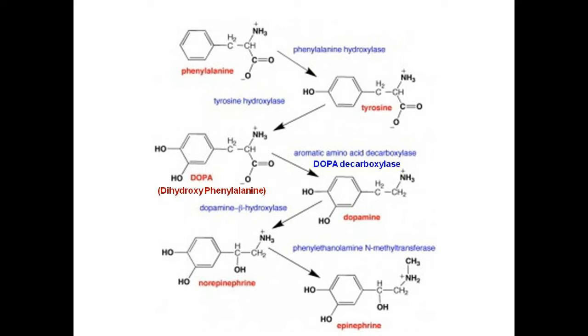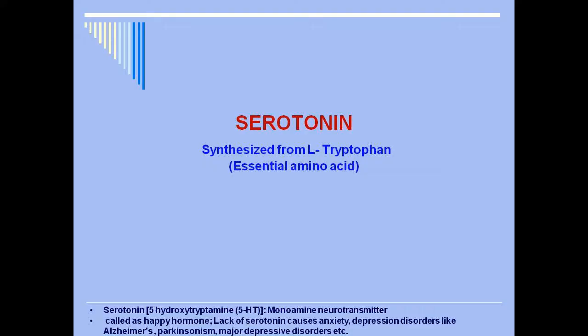Now this DOPA is decarboxylated by DOPA decarboxylase that produces dopamine. Dopamine is then again hydroxylated, so that yields norepinephrine. Now to this norepinephrine, a methyl group is transferred from S-adenosylmethionine, which is catalyzed by phenylethanolamine N-methyl transferase, and it yields epinephrine.